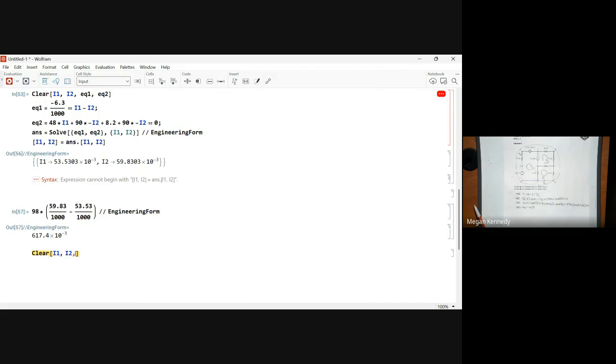So I1, I2, I3, and then I'm going to clear 0 to 1, just so that I can keep consistent with what I have written in my notes. And then we're just going to clear the answer functions as well.